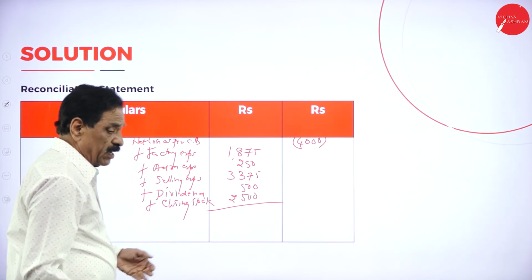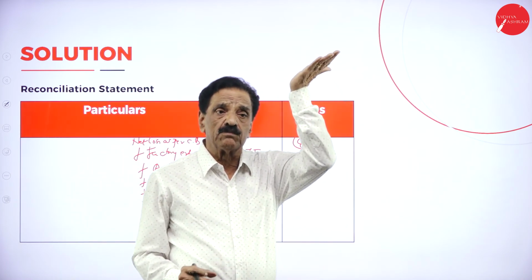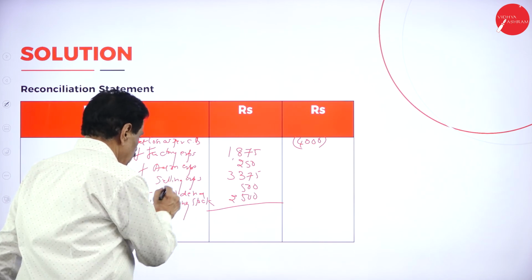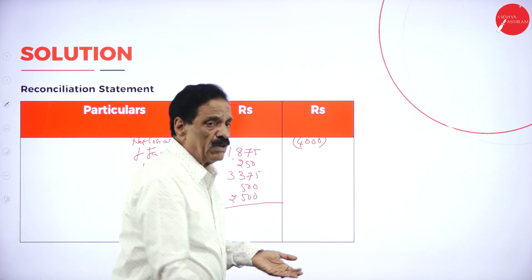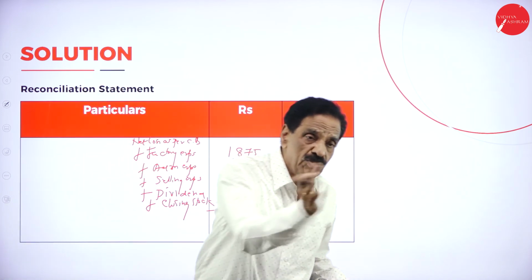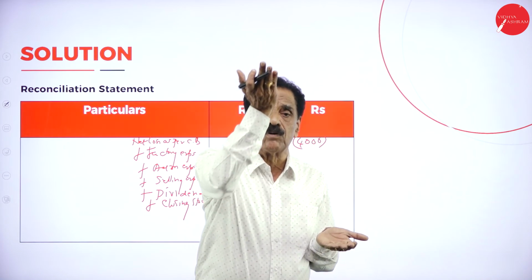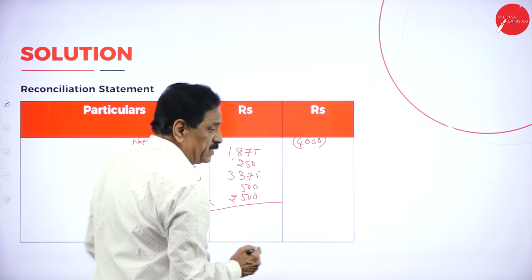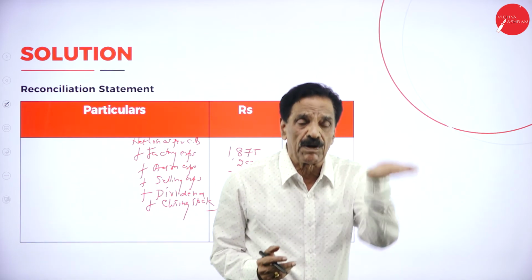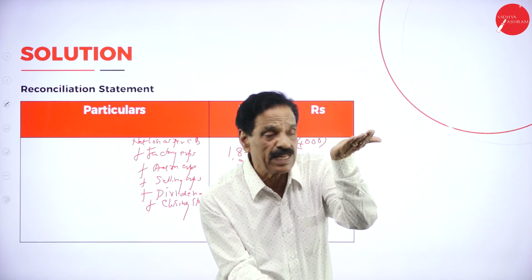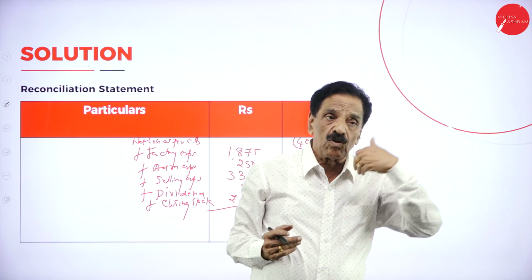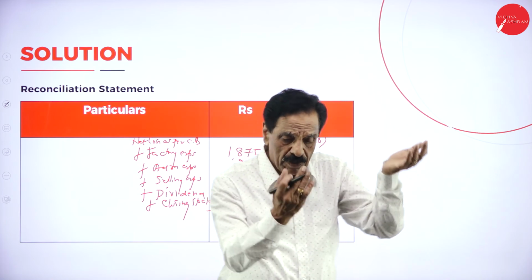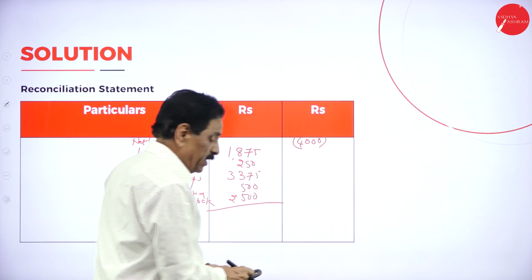No closing stock here in the cost book. More closing stock means more profit, no? Here you got a dividend, no? When the closing stock is small, the profit will be more. When the dividend is received, financial profit is more, costing profit is less. So add these. When the closing stock is charged, the profit will be increased in the financial book, so it will also increase. Add the figures.